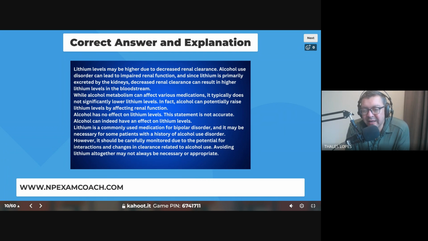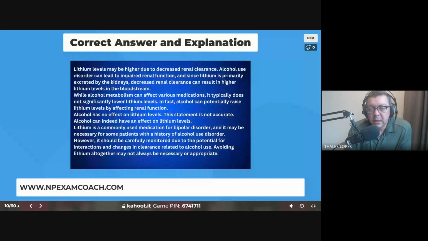In fact, alcohol can potentially raise lithium level by affecting renal function, right? How? Well, diuresis. So the statement that alcohol has no effect on lithium levels directly is not accurate. Lithium is a commonly used medication for bipolar, as we know, but it may be necessary for patients with a history of alcohol use disorder.